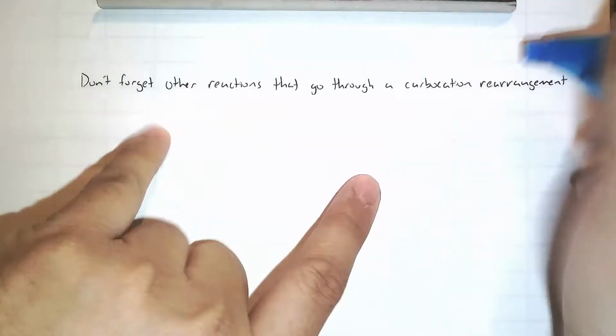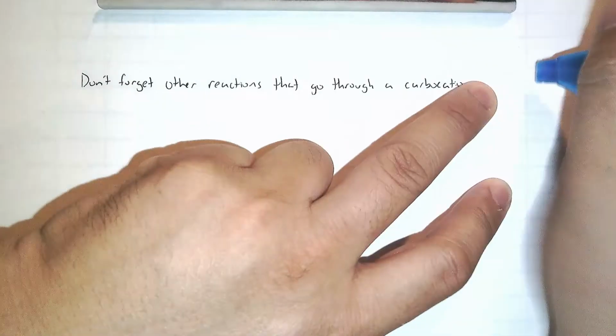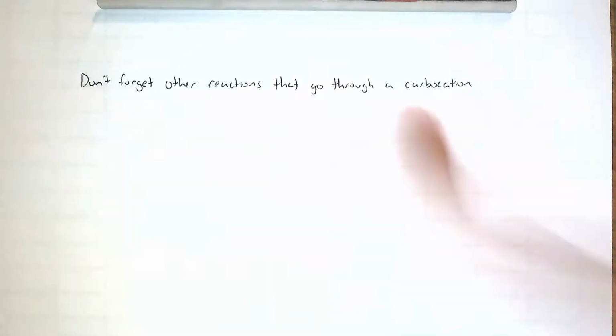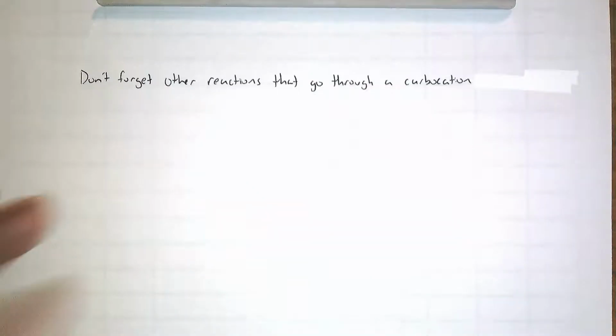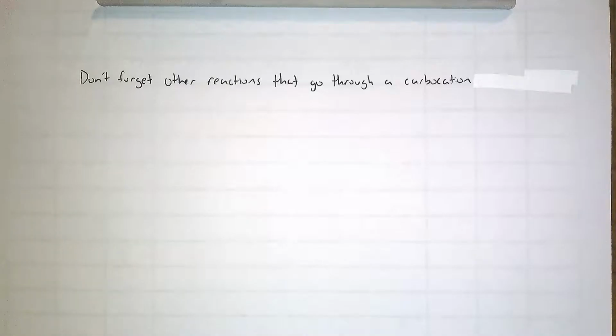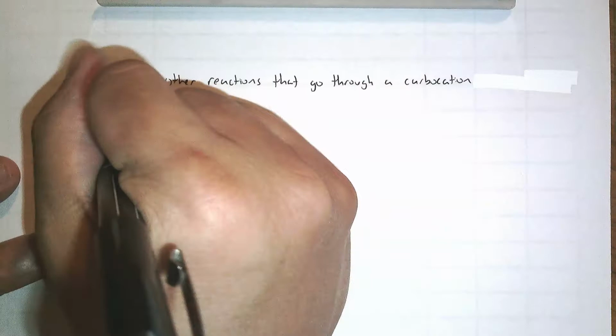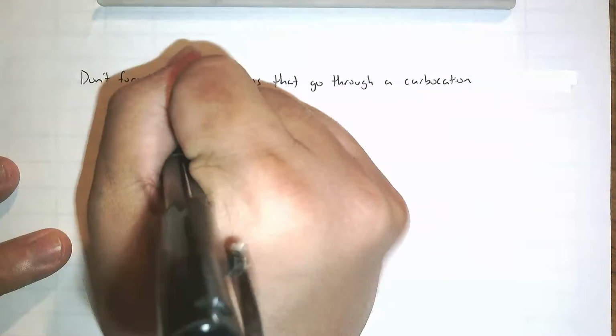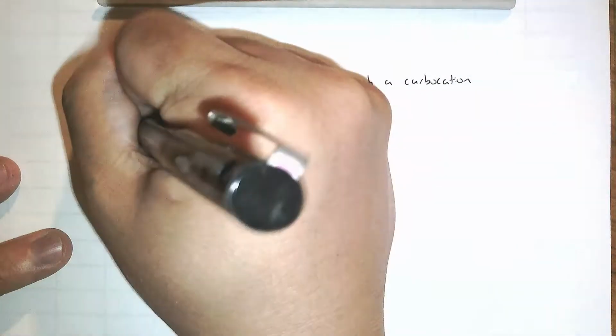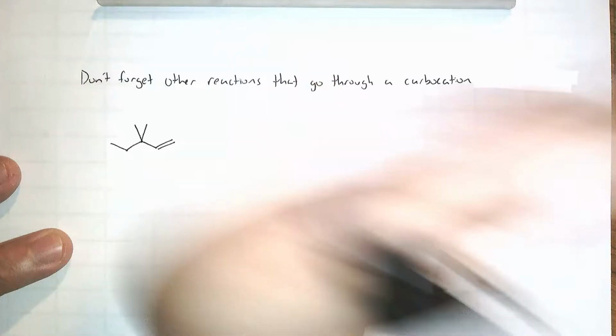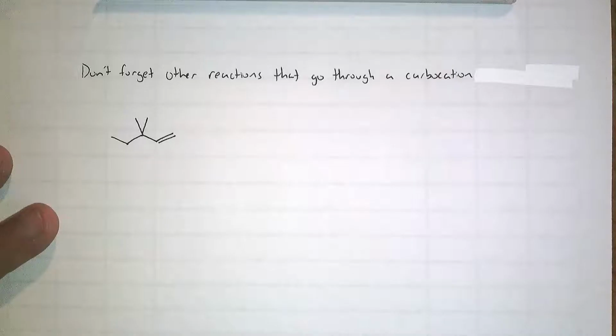Don't forget other reactions that go through a carbocation. And then, since it can go through a carbocation, you have to consider, is it possible to do a rearrangement? Let me give you an example. We're going to do examples until we recognize the tricks to figure out whether a rearrangement can occur.